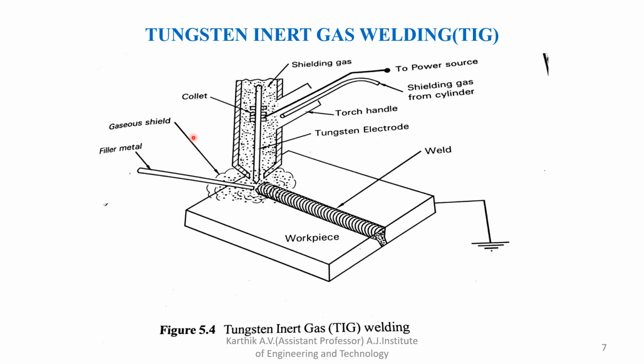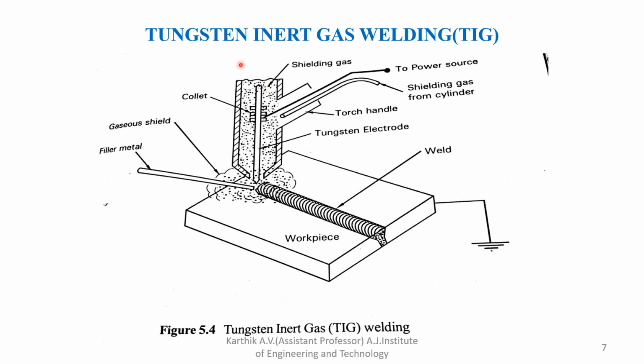It produces heat. Because of that heat, this being a non-consumable electrode, the filler material melts and is deposited in between the workpieces and allowed to solidify. You will get the permanent joint.